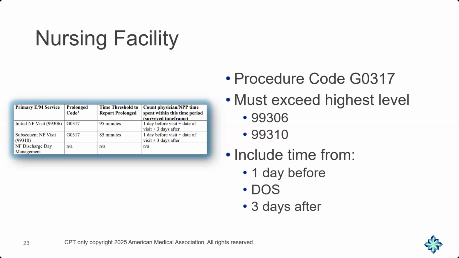You have to get to the 95 minutes, and then for the subsequent, you have to get to 85 before you can bill for the prolonged care code, that G0317. Time here again is a little bit different as far as what you can count. You can count time from the day before, the date of service, or 3 days after.